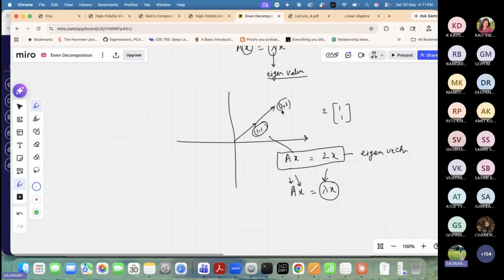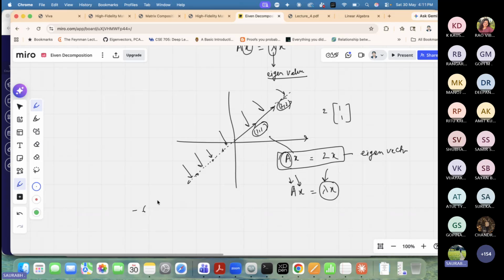Similarly, (2, 2), any vector which is on this axis will be called an eigenvector of the matrix A. Okay, so all the vectors which fall on this axis will always be called eigenvectors of matrix A. Now, there could be infinite vectors, right? Because there could be (4, 4), (-4, 4), (-1, 1), (-6, 6). All of these are scaled.